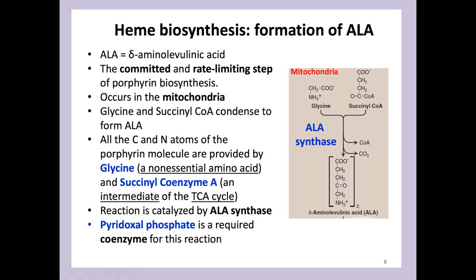This reaction is carried out by the enzyme ALA synthase, and it requires a coenzyme called pyridoxal phosphate, which is necessary for carrying out this reaction. This is the first step, which occurs in the mitochondria, and it is the rate limiting or committed step of heme synthesis.